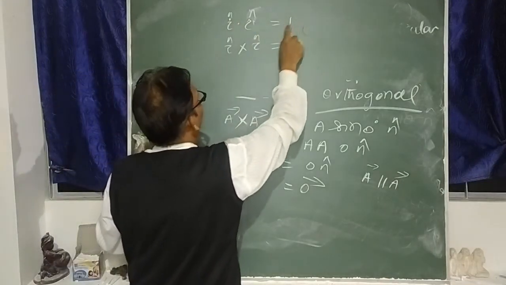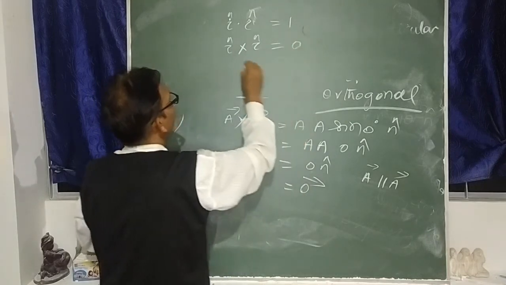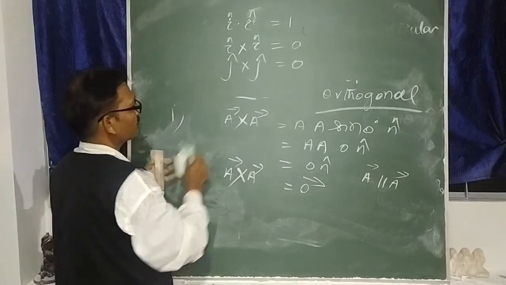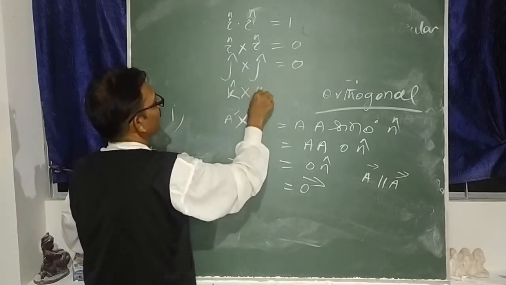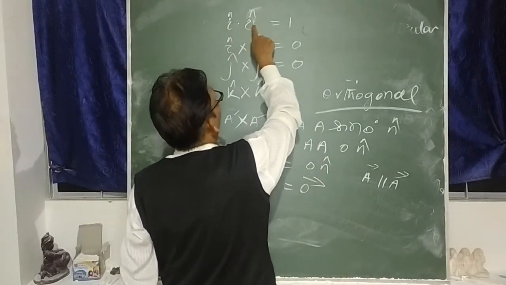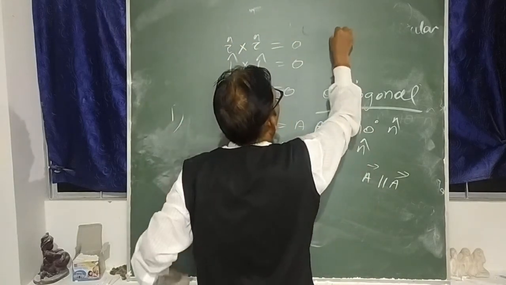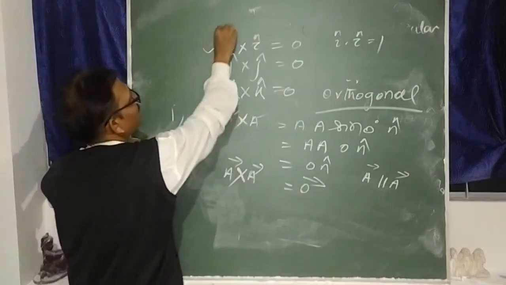I dot I is equal to 1. I cross I is equal to 0. J cross J is equal to 0. K cross K is equal to 0. So you see, I dot I is equal to 1, but I cross I is equal to 0.